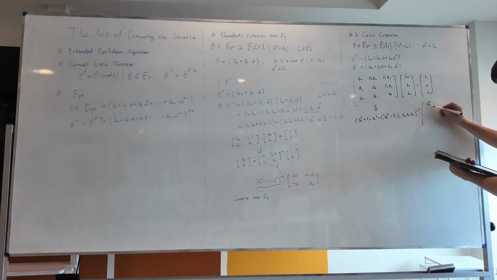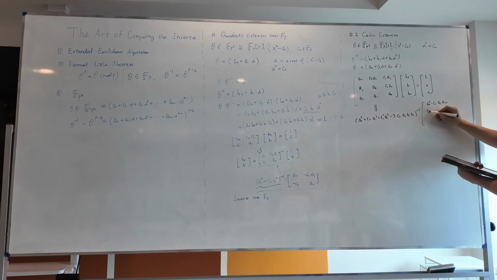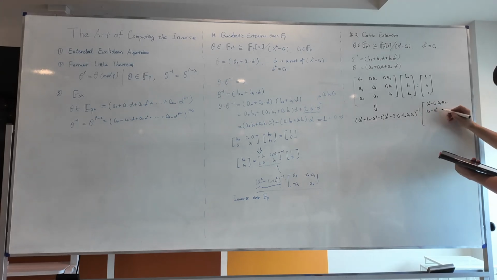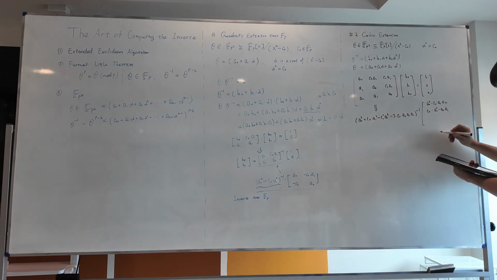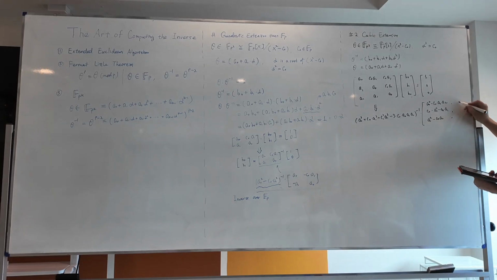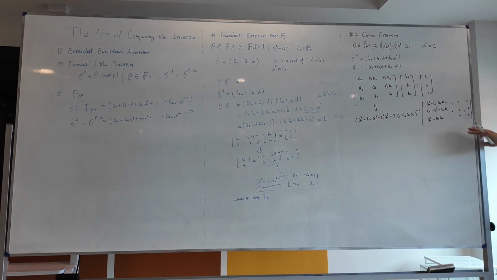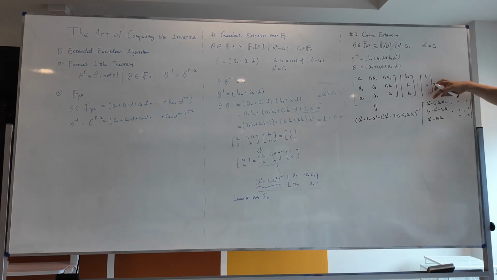Let me just write the first column of this matrix: A0 minus C0 times A1 A2, C0 times A2 square minus A0 A1, A1 square minus A0 A2. This matrix looks like this, and these 6 elements are not of interest, because they all get applied to 0 and equal 0, so we just care about the first column of this matrix.